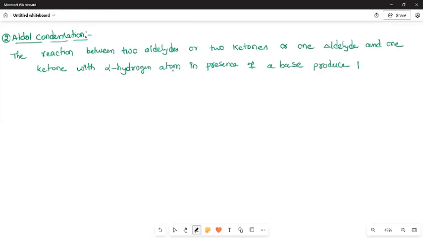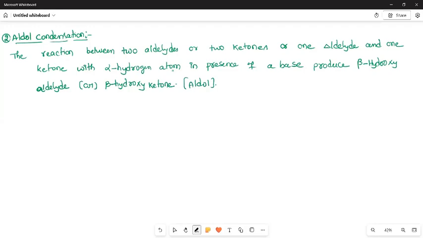In presence of a base, they produce beta hydroxy aldehyde or beta hydroxy ketone. That is called aldol.